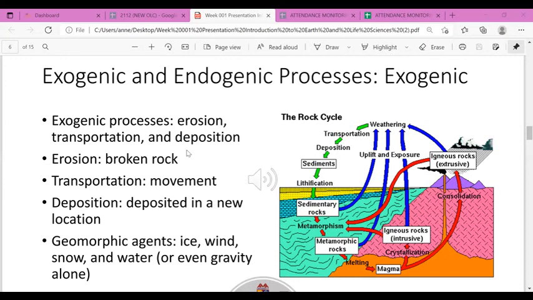In deposition, they are deposited in a new location. The agents that help in this rock cycle are ice, wind, snow, and water. And as I said, even gravity alone could be one of the factors in this cycle.